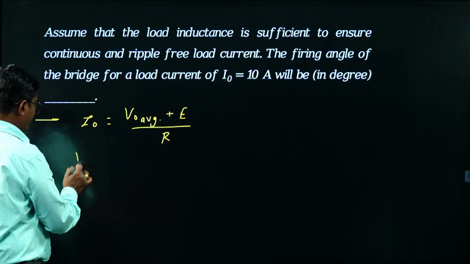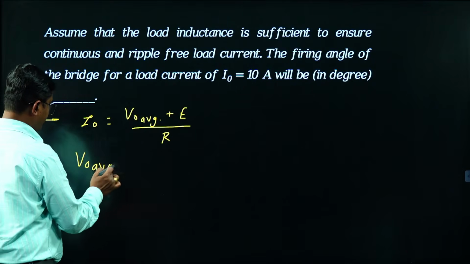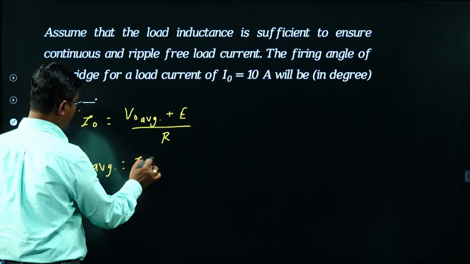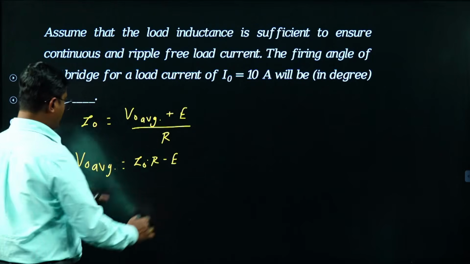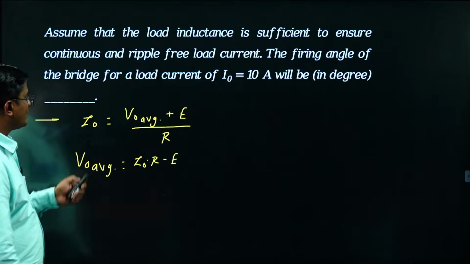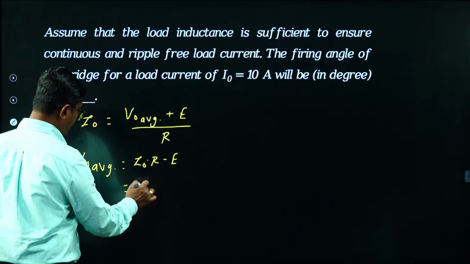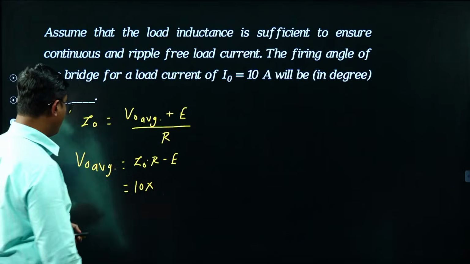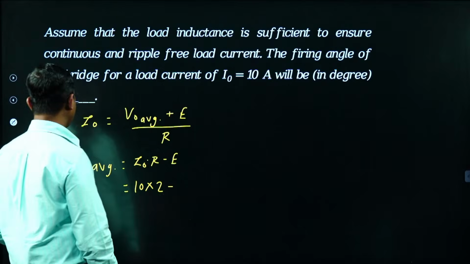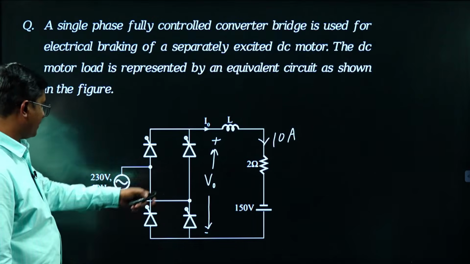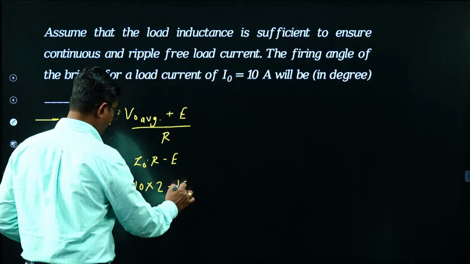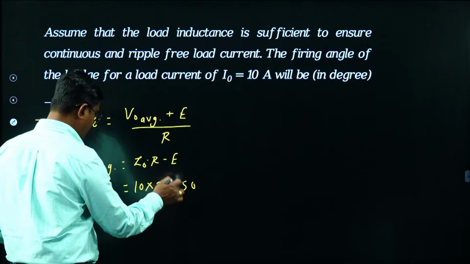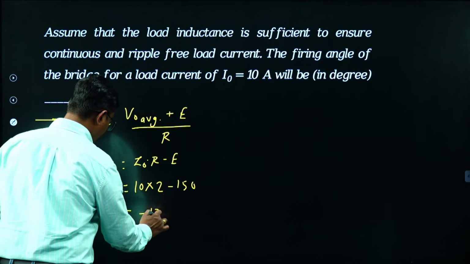Now from this, what is V0 average? I0 into R minus E, na. Now I0 is 10 ampere, R is 2 ohm, minus E is 150. From this you can get minus 130 volt.